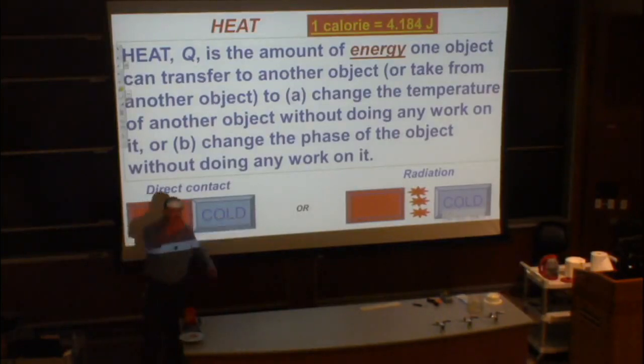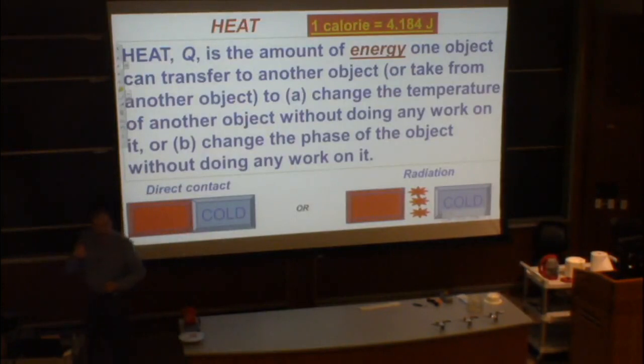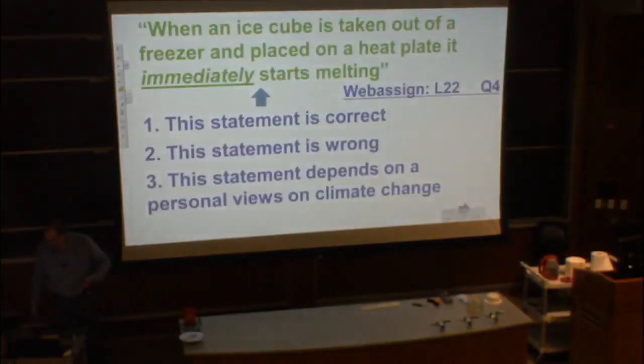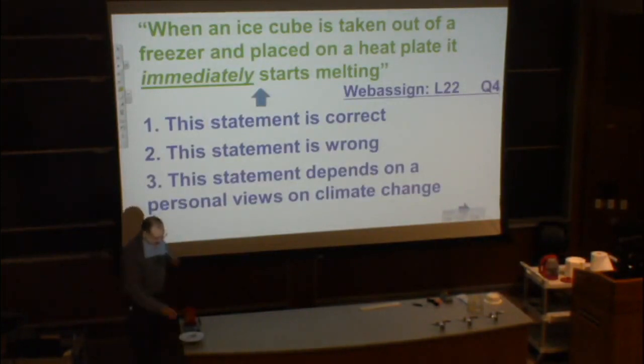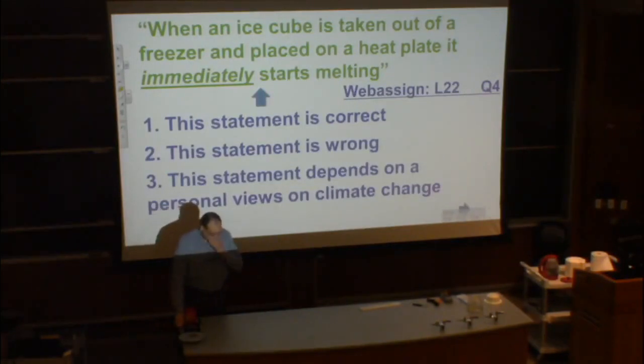Another way is to use radiation. For example, we have a heater. It doesn't touch you, but it emits infrared light, which warms everything up. And the amount of energy, of course, depends on many circumstances. So this is a thought experiment. You should use your imagination.